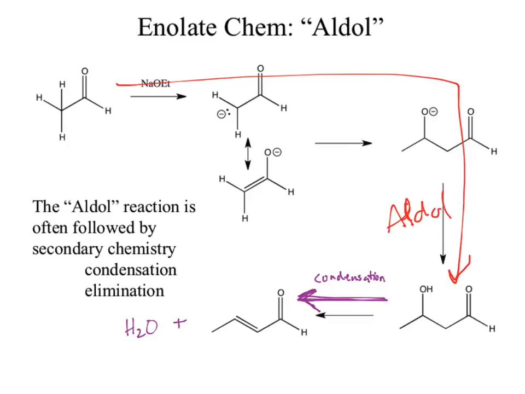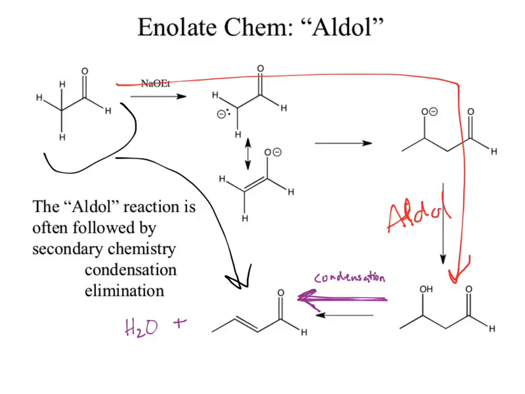So if I now want to reference beginning to end, going from the starting aldehyde to this final product, I've run what reaction? An aldol condensation reaction. Okay, because we form an aldol that immediately forms the condensation.